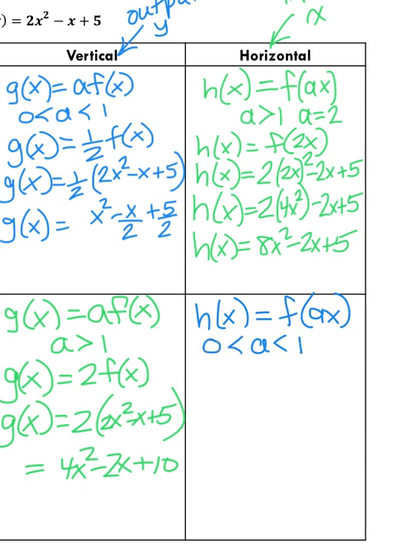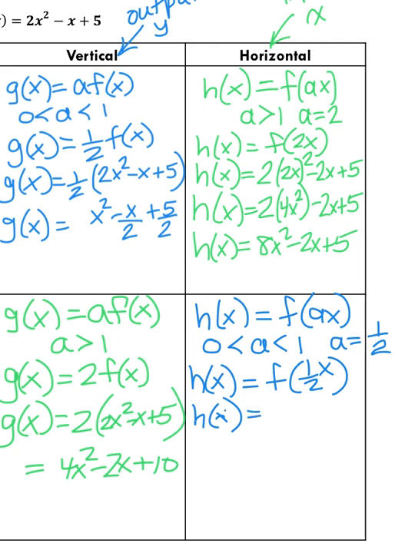In this case, if I want to stretch by a factor of 2, our a is going to equal 1/2. So my h of x is going to be f of 1/2 x, or x over 2. So anywhere in my original function where I see an x, I'm going to replace that with x over 2.